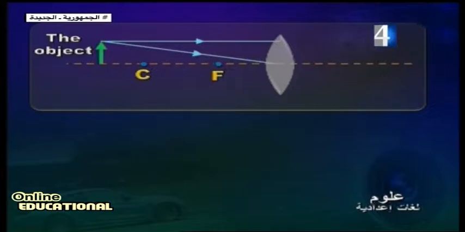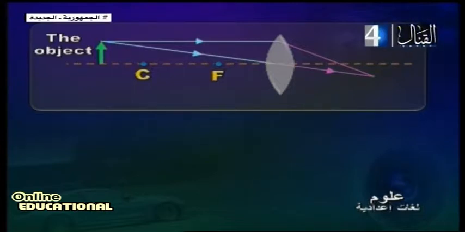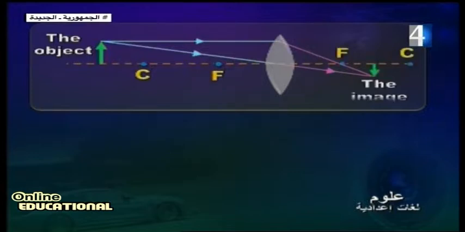Okay, try to conclude. How can we draw the image? Yes, of course, a light ray that falls parallel to the principal axis refracts through the focus. And a light ray that is passing through the optical center passes without refraction. So, at the point of intersection of these two rays, we will draw the image.